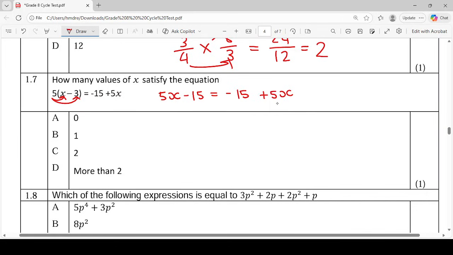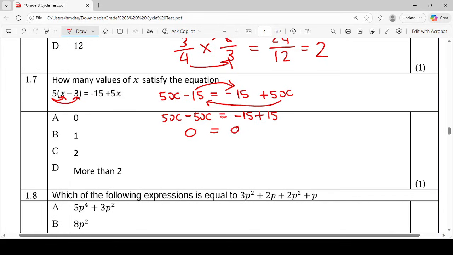Let's get x's on one side and numbers on the other side. So if we take this 5x across, it's going to be 5x minus 5x. And on the other side, we've got -15. When we take this 15 across, -15 becomes +15. And so what we're actually going to find is 5x, take away 5x is 0. -15, add 15 is 0.